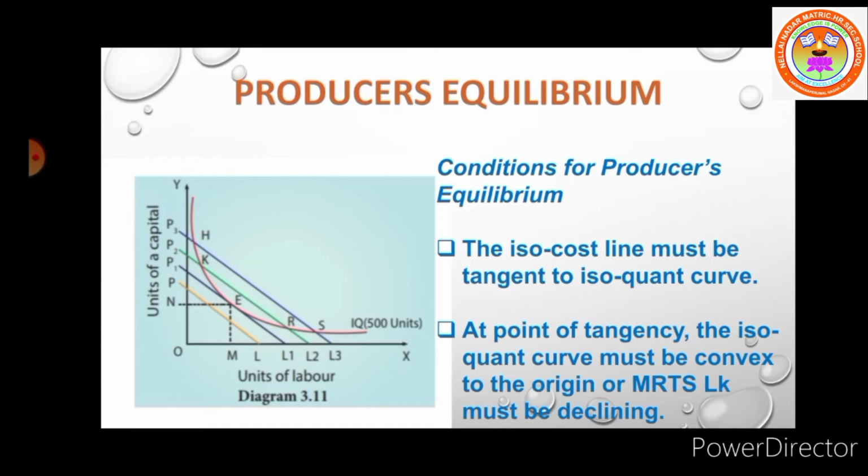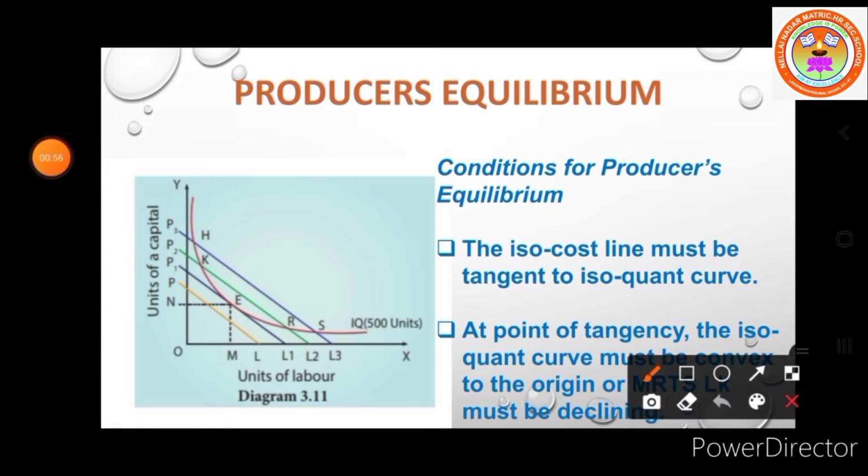Conditions for producer's equilibrium. The two conditions that are to be fulfilled for the attainment of producer's equilibrium are: first, the ISO cost line must be tangent to the ISO quant curve. Second, at the point of tangency, the ISO quant curve must be convex to the origin.